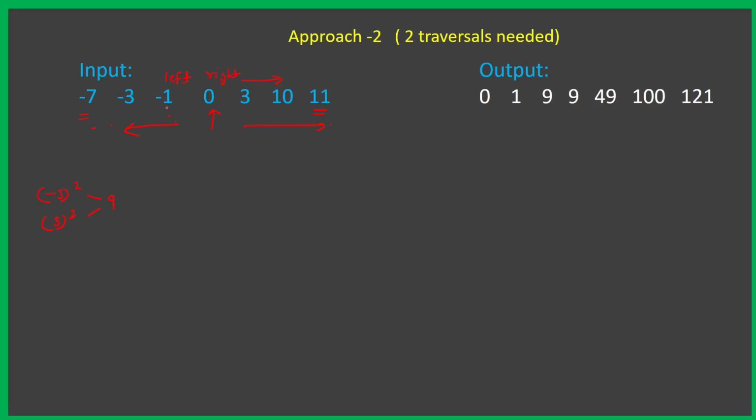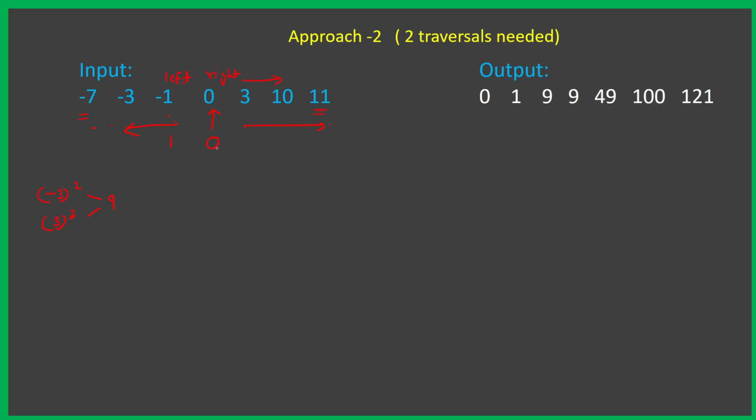So I will be comparing the absolute value of the negative element with the positive element. So the absolute value of -1 is 1 and the value of 0 is 0. So I am comparing 1 with 0. Whichever is lesser, I will find the square of that element. So here 1 is greater than 0. That means this is lesser. So I will find the square of 0.